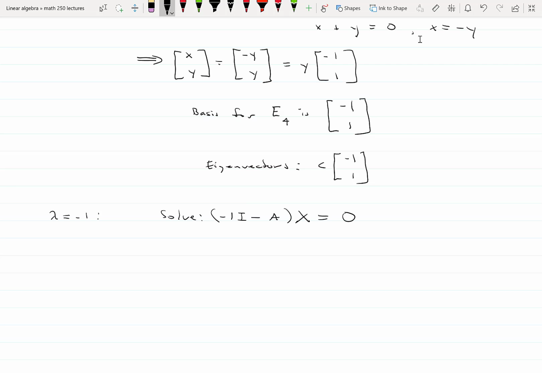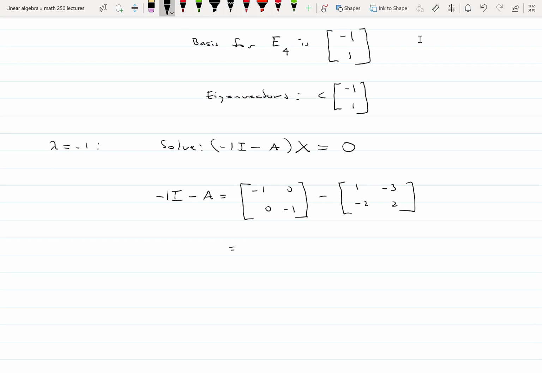So we're going to need lambda I minus A. So -1 times I minus A is, well, -1 times I is the 2 by 2 diagonal matrix whose entries are -1 and -1, minus the original A, 1, -3, -2, and 2.